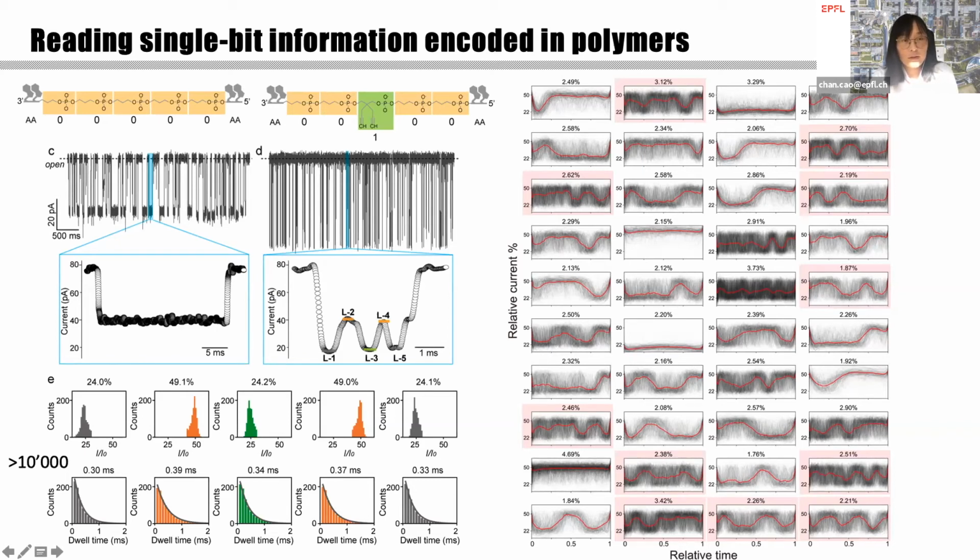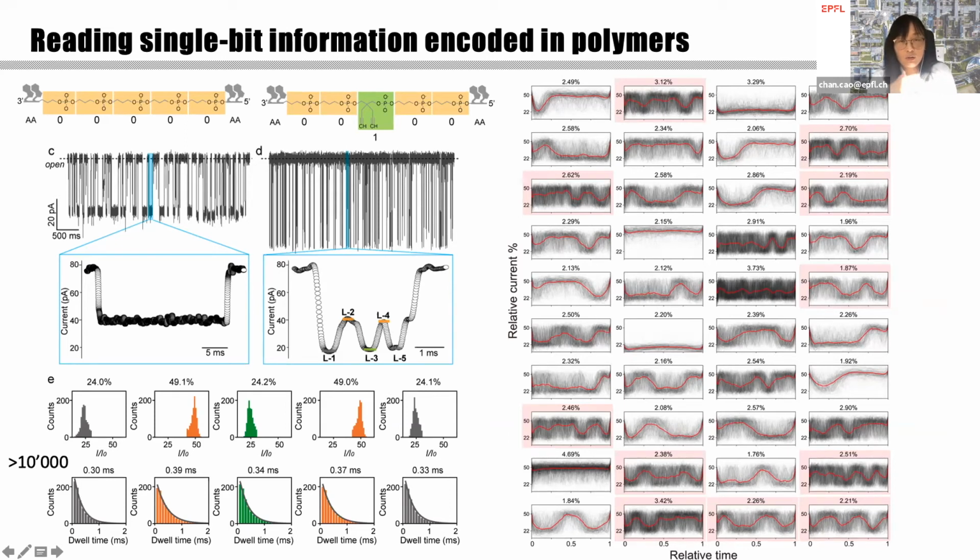The relative current values of levels 2 and 4 are more or less the same and similar to bit 0, so we think they are caused by bit 0. Levels 1, 3, and 5 are quite similar. And the dwell time is more or less the same.